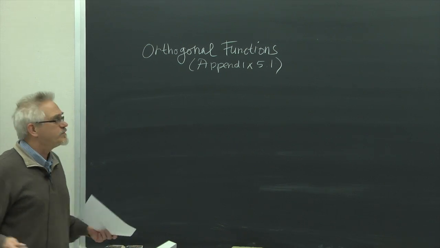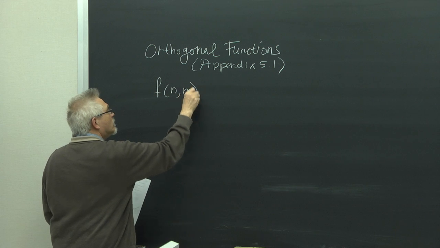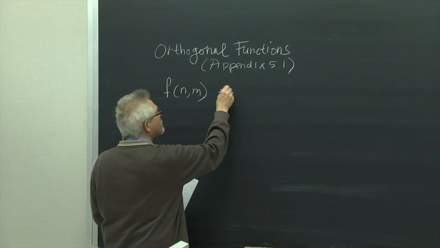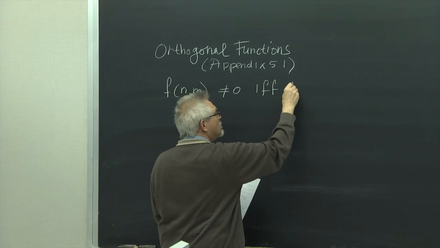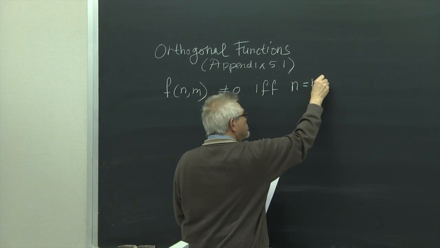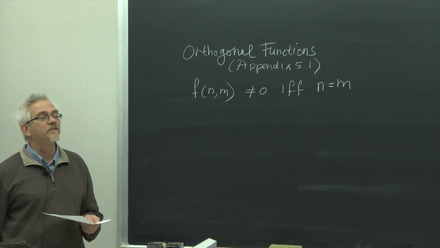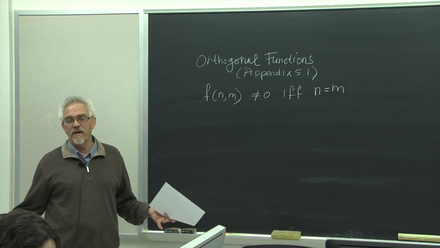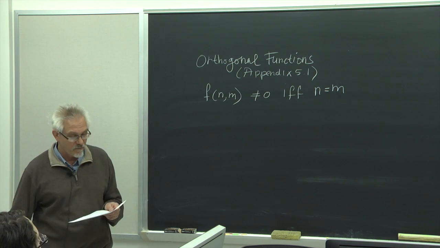An orthogonal function is defined as follows. We have a function of two variables, n and m, and the only condition when that thing is not 0 is if n is m. If and only if, therefore the "iff" with two f's. So that function basically evaluates always to 0 except when n is equal to m.